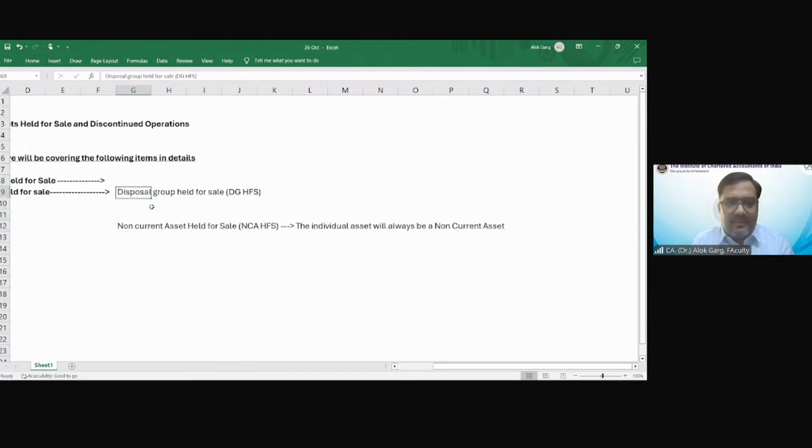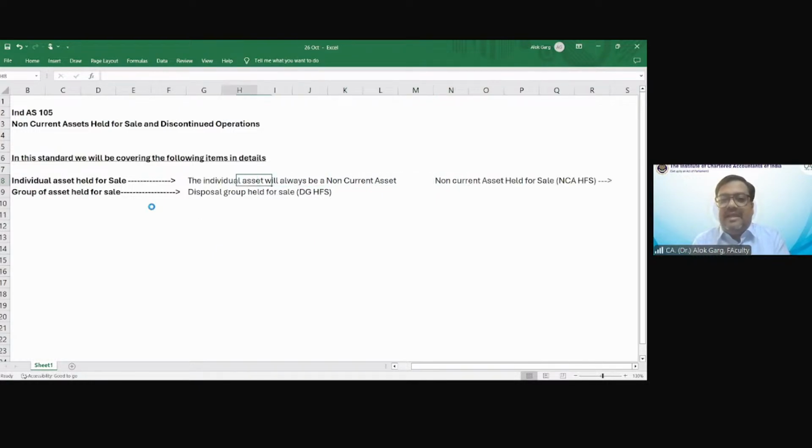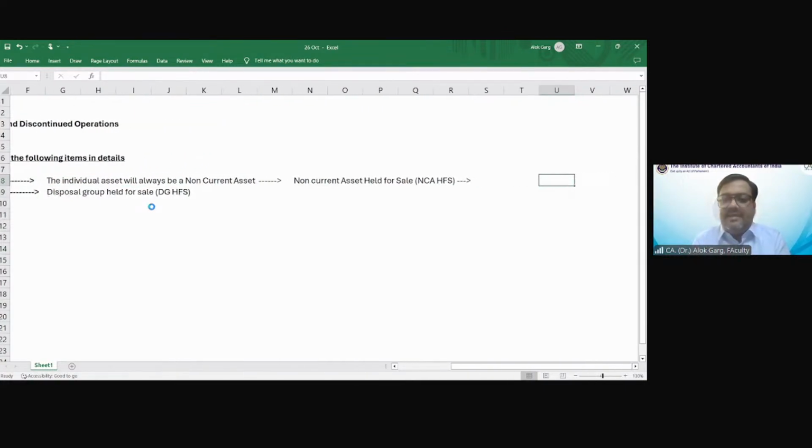Otherwise, if you read this after 2-3 months, you might get confused. So if there is an individual asset held for sale, that individual asset will always be non-current, and this will be known as non-current asset held for sale, NCAHFS. Okay, NCAHFS. Is it fine? वो हमेशा non-current asset होना चाहिए.